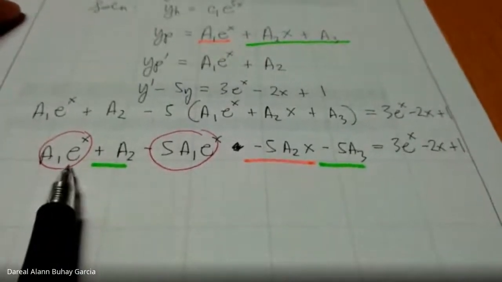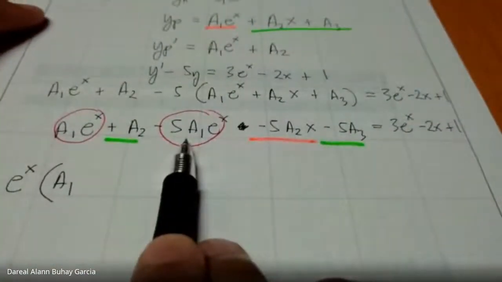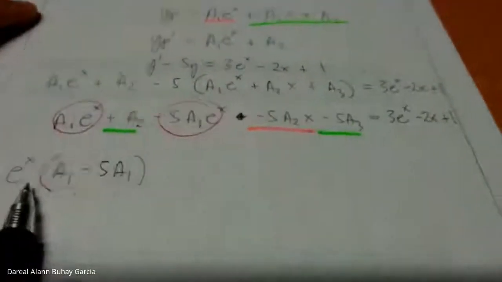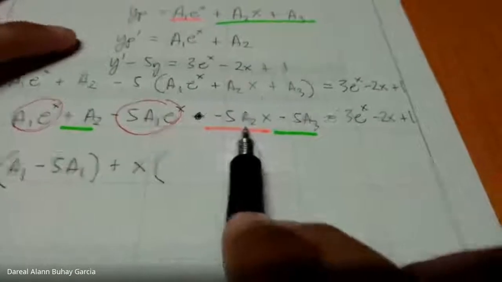Starting with the coefficient of e to the power of x: the coefficients of e to the power of x are a1 minus 5a1. Plus the coefficients of x to the power of 1: negative 5a2.